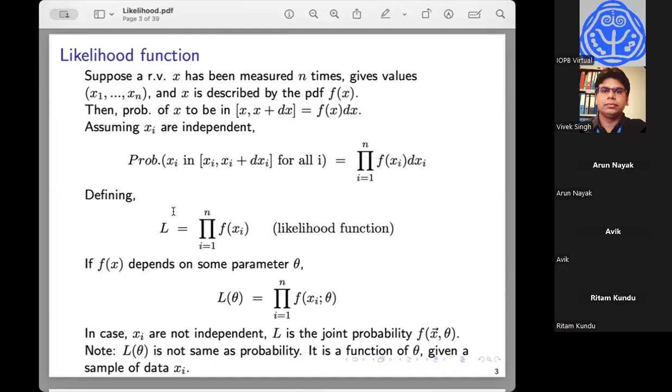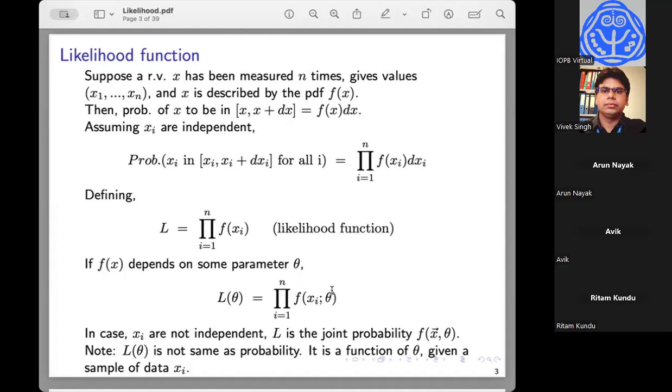We can define this product of these probabilities as the likelihood function. Now, if f of x, like in the earlier case, depends on some parameter theta, then this likelihood function would depend on theta. So this is basically the product of f of xi given theta.